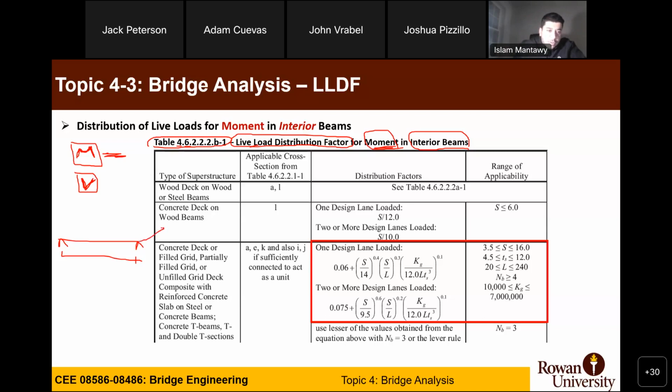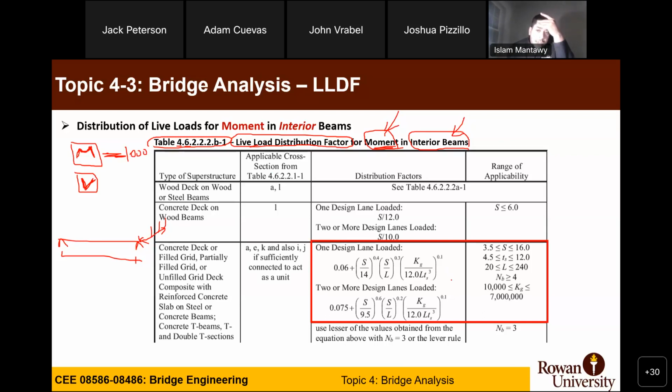You don't care about the cross section, or transverse direction. Now the 1,000 here, we have to distribute it between the girders. In this table it says clearly that this is a live load distribution factor for moment on interior girders.